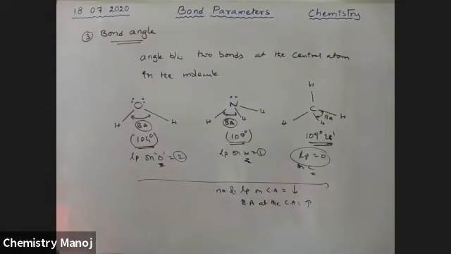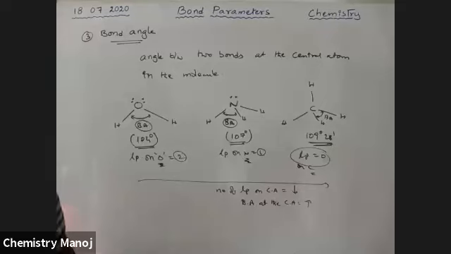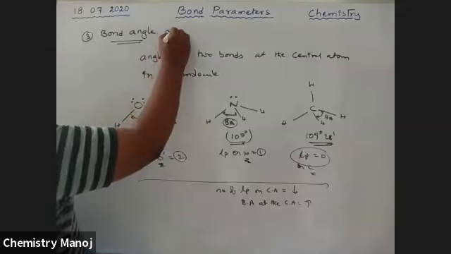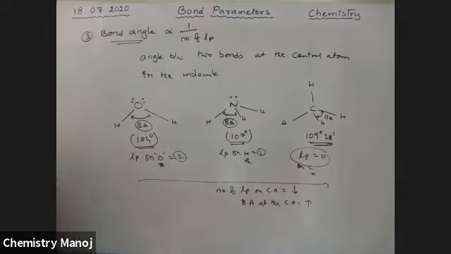Therefore, lone pairs at the central atom influence the bond angle. As the number of lone pairs decreases, automatically bond angle increases. Therefore, bond angle is inversely proportional to the number of lone pairs. This is very, very important.